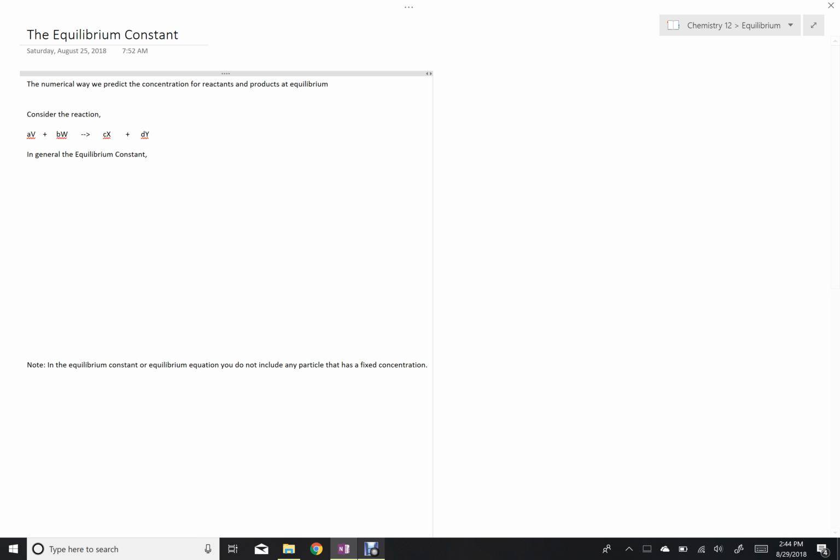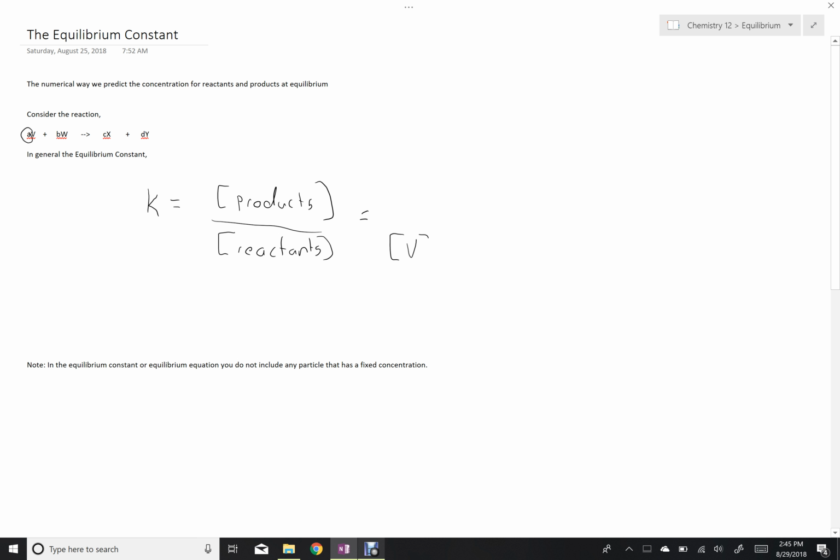The equilibrium constant is represented by a capital K, and it has the concentration of the products over the concentration of the reactants. More specifically, we take the coefficient of a species, so the species V, for example, here has the coefficient A, and we use that as the exponent in the equilibrium constant.